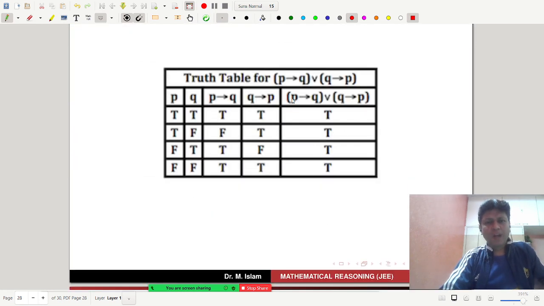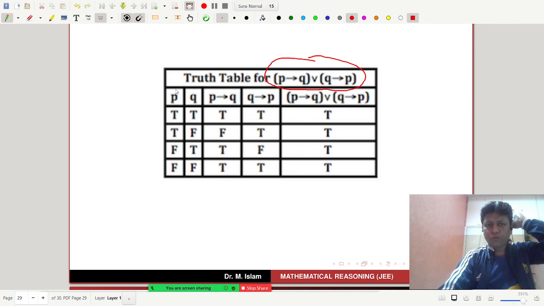So let's have an example of a tautology. You have complicated connectives: P implies Q or Q implies P. How will you connect? First you write P, then Q. First you find P implies Q, which is false if and only if P is true and Q is false.